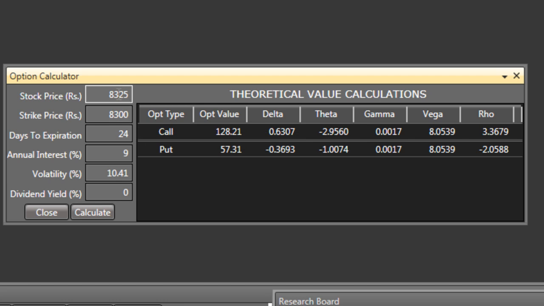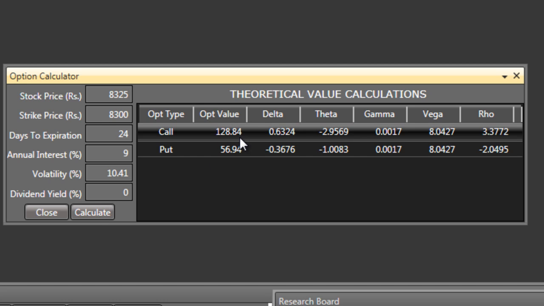So I change it and calculate. We can see it increased from 21 paisa to 84. So the delta says that if there is a 1 change in the underlying asset, the premium will increase by just 0.63.